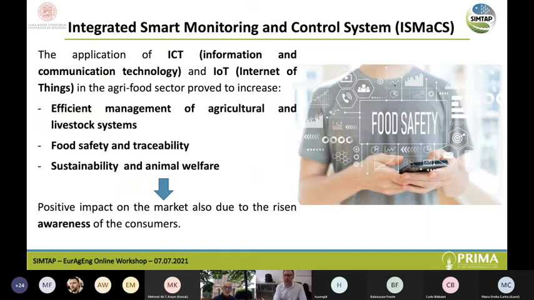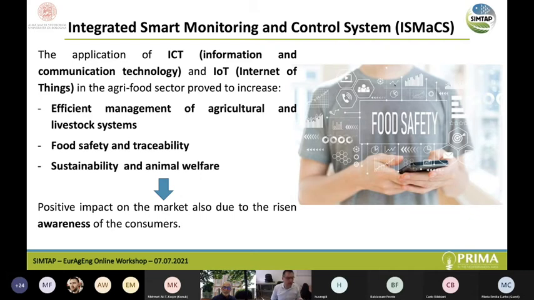Why smart monitoring and control applied to such an innovative and visionary system? In general terms, we could say that ICT and IoT can bring many benefits in the agri-food sector. For sure, they can help an efficient management of agriculture and livestock systems.